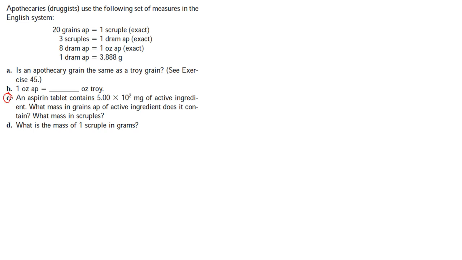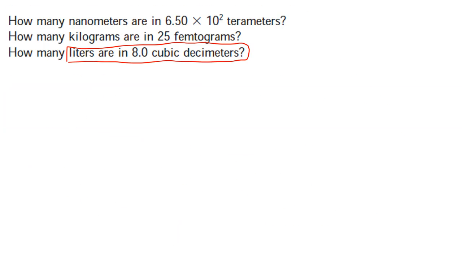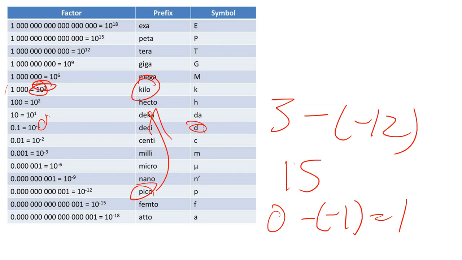Let's do number C. An aspirin tablet contains 5 times 10 to the 2 milligrams of active ingredient. What mass in grains AP of active ingredient does it contain? Let's convert it to grains AP. One really easy way to convert mg is to look at the table.